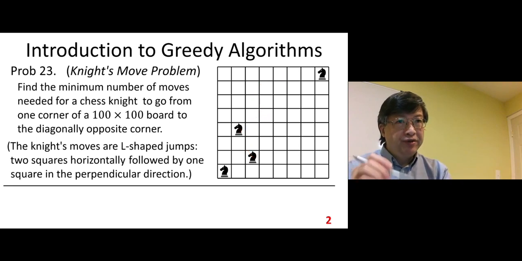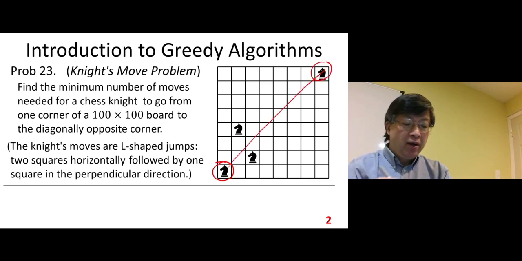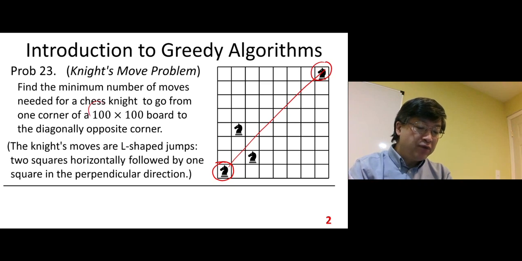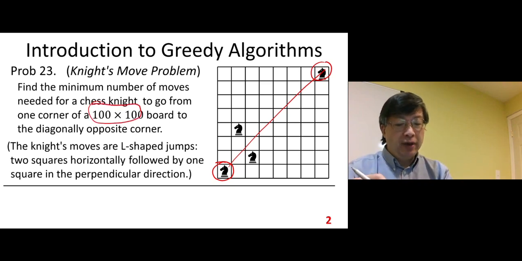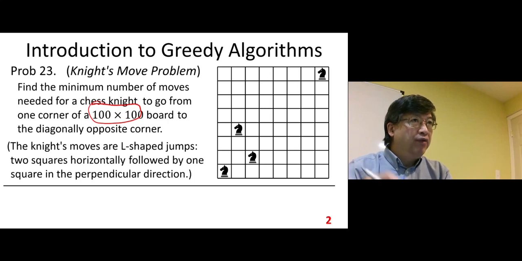Now the question: we want to find the minimum number of moves from one corner to the diagonally opposite corner for a 100 times 100 board. Because we want to make the problem a little harder. If it's 8 by 8, then you try a few times, you get a solution.